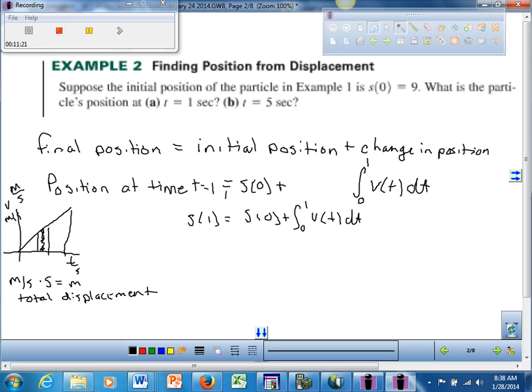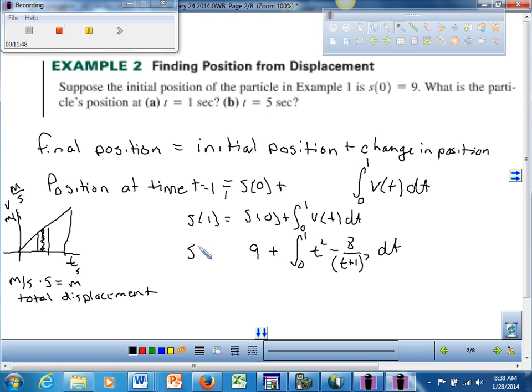Okay? So take a minute and you can do this with your calculator, just so we get good notes in and we don't go short on time. Our function in example 1 was t squared minus 8 over t plus 1 squared dt. And our S of 0, they told us is 9.